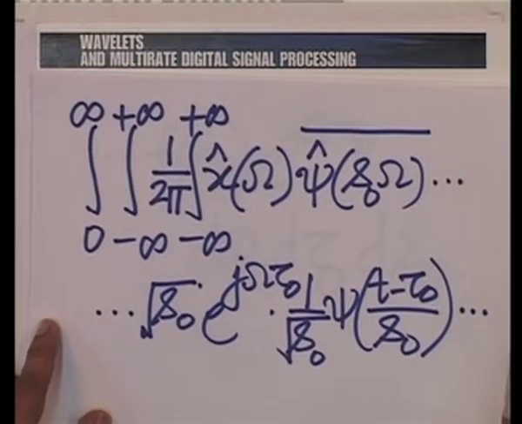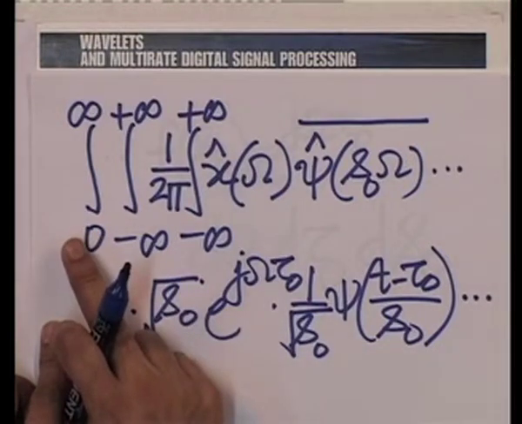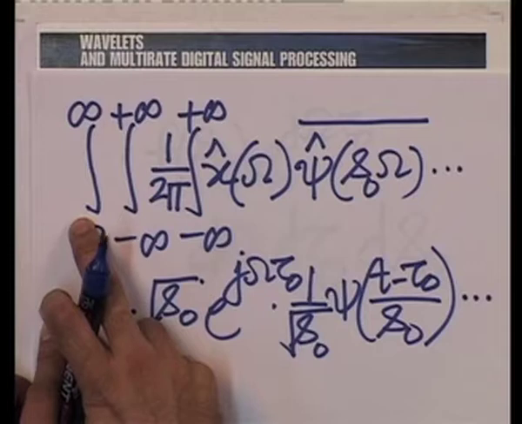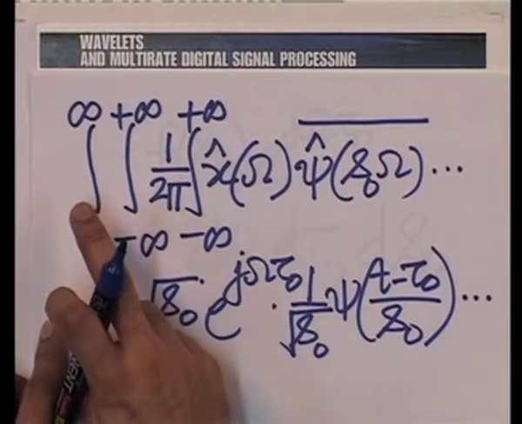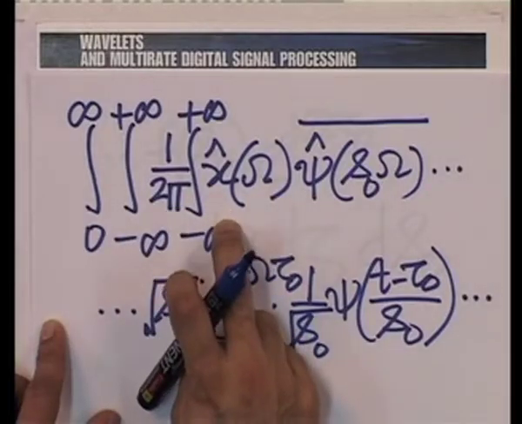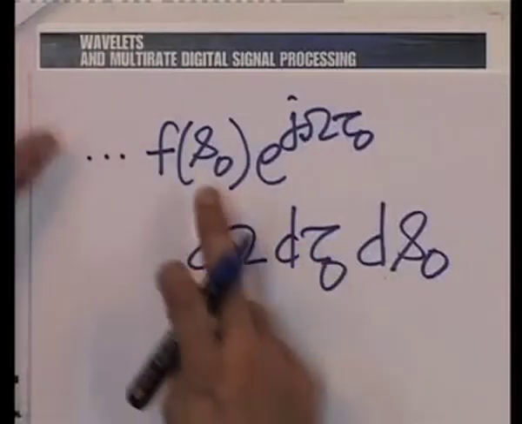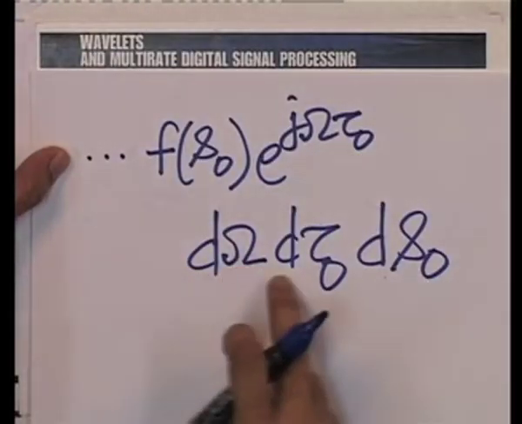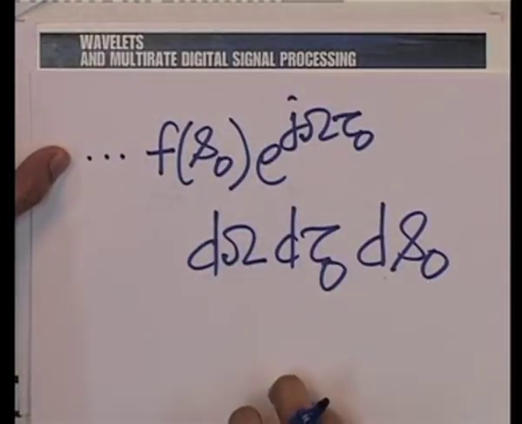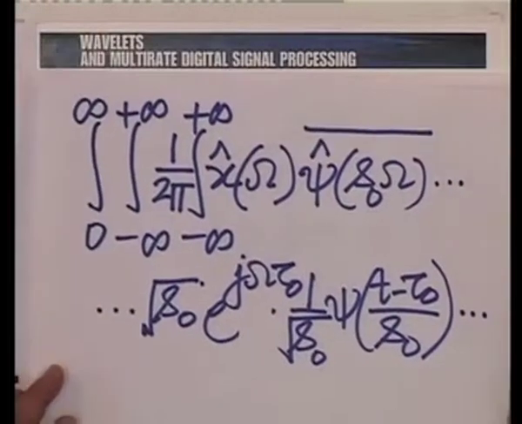So, let me flash the whole triple integral before you just for a minute. This is the triple integral, the outermost is on S naught, the next on tau naught, the next on omega. X cap omega times all this, followed by these elements of integration. Now, let us observe this carefully.